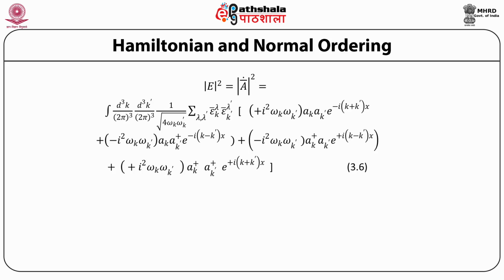This is equal to, there will be a double integral over d cubed k and d cubed k prime with the usual denominator, 2 pi cubed times 2 pi cubed for both of them, and 1 divided by square root of 4 omega k omega k prime.